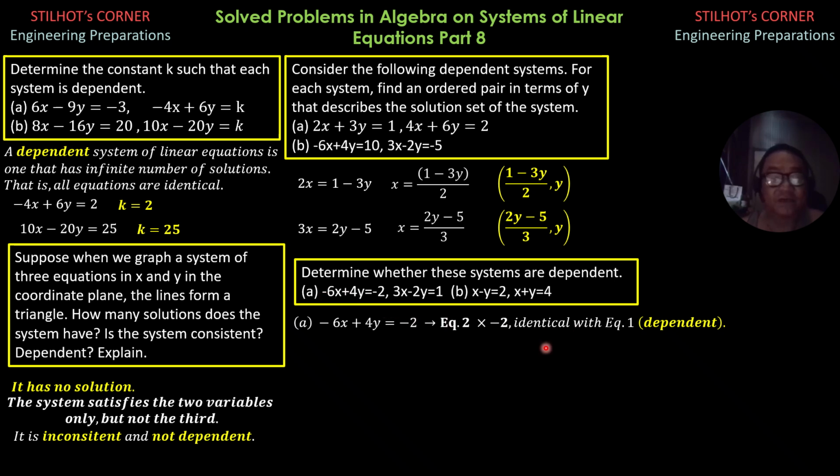So therefore, because they are identical, from this definition it has an infinite number of solutions. They are identical, therefore that's a dependent system.